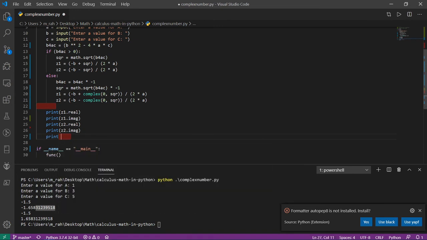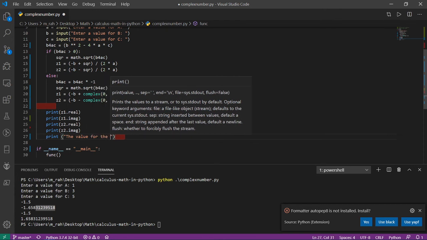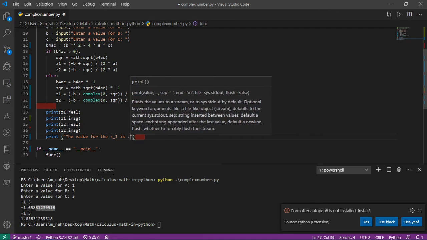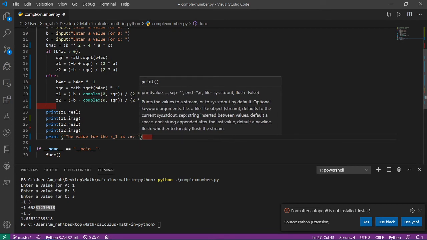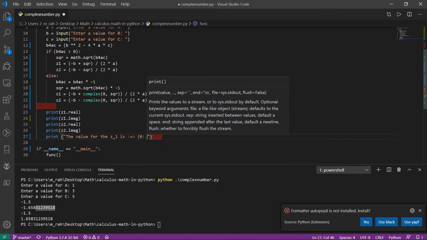We can print out "the value for set1 is", and then use a format of dot 0 3 f, so we print out 3 floating digits. The f means float.